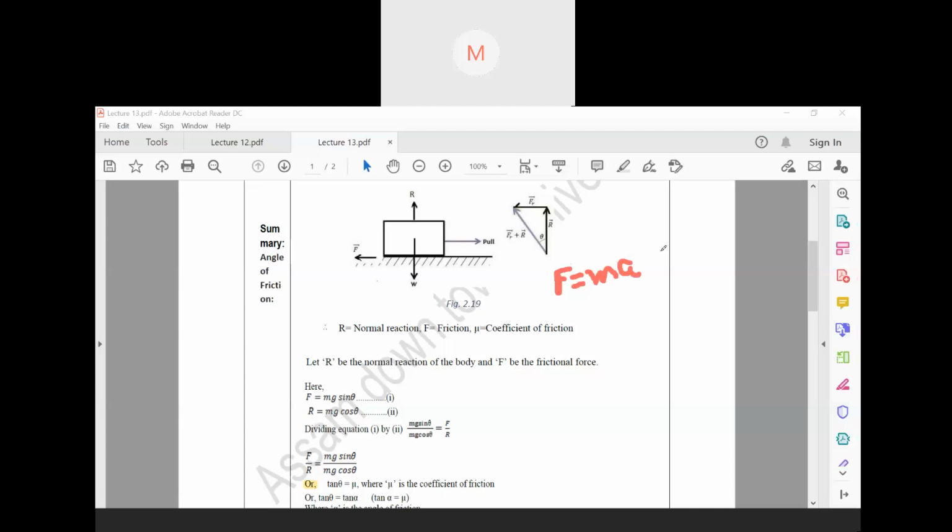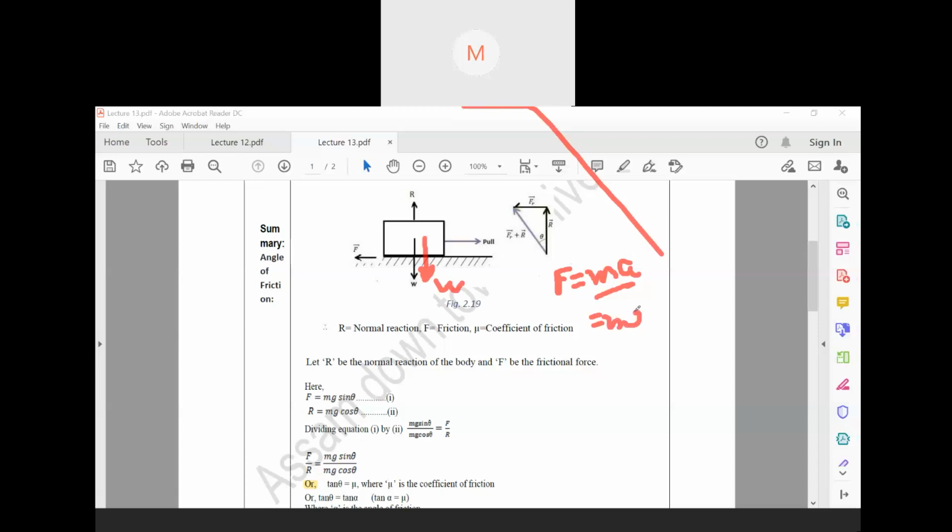Someone asked me a question, it's good. So what happens? Look, pay attention. F equal to ma, so this is acceleration. Now here, this object is experiencing a force W. W means mg.